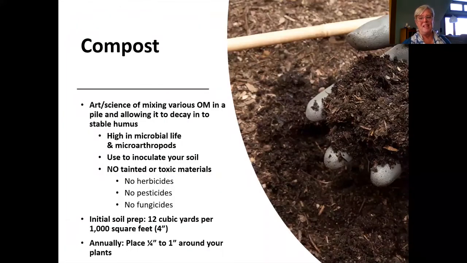So compost is key. It's the organic matter that in nature, as trees and shrubs lose their leaves, typically without interference, those leaves will just decay and be reincorporated into the soil from where they came, in terms of the nutrients that haven't been taken up.